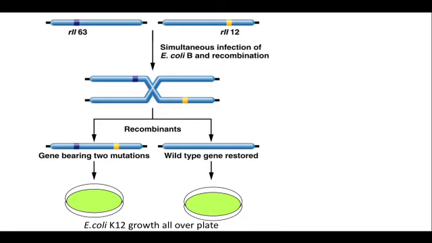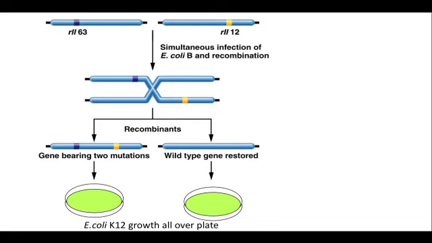However, very, very rarely you would get recombination within this R2 gene. And what that recombination would give you is one phage chromosome where you have a gene that has both mutations together, and also one chromosome that has basically restored the wild type gene.